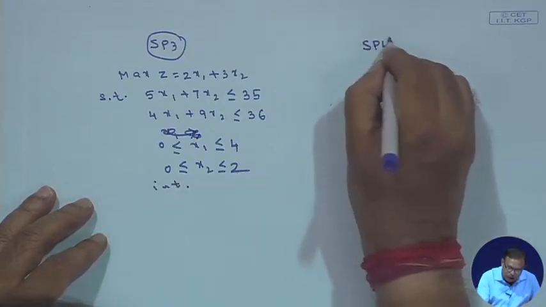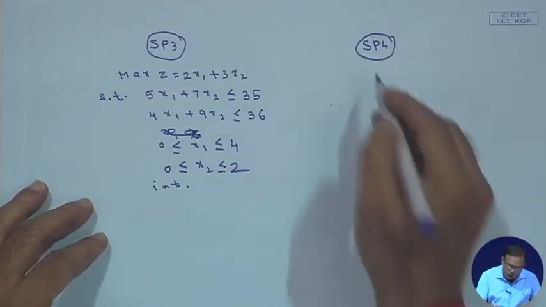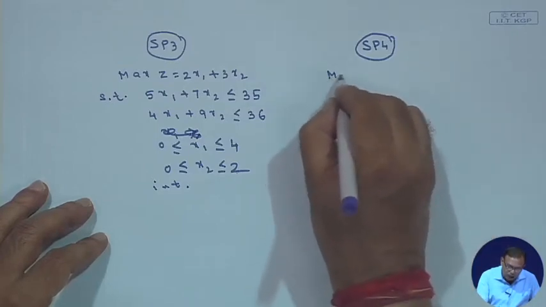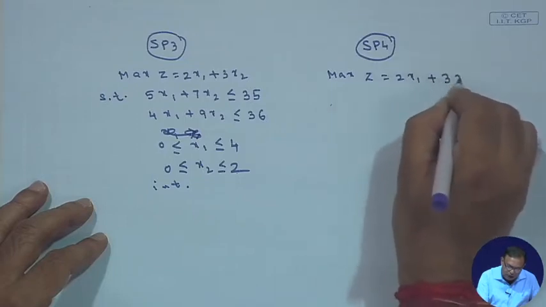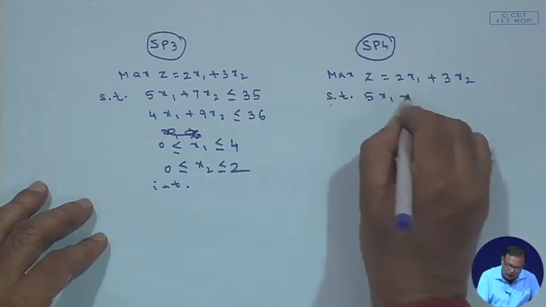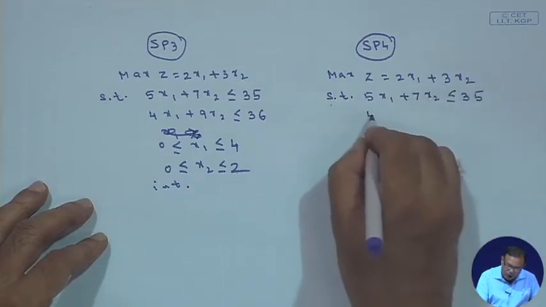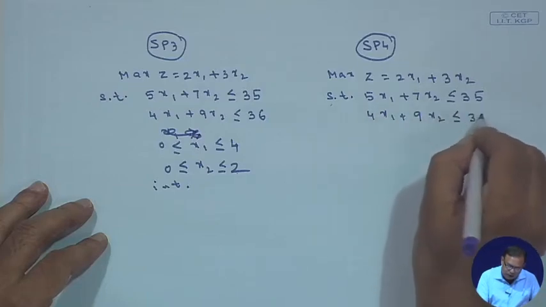Similarly, this is SP4. So, SP4 will be maximize z equals 2x1 plus 3x2 subject to 5x1 plus 7x2 less than equals 35, 4x1 plus 9x2 less than equals 36.